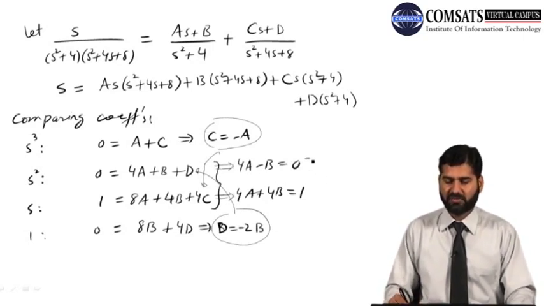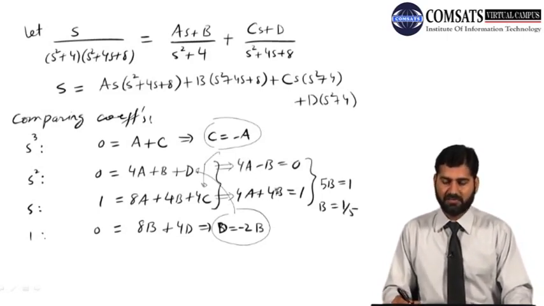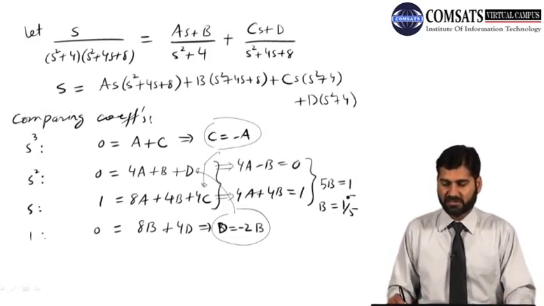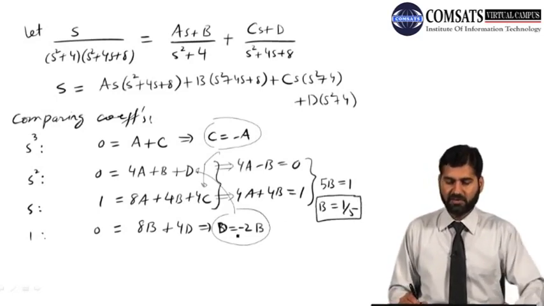Now if you just subtract, you will get 5b equals 1, so b becomes 1 by 5. If you subtract, 4a minus 4a is gone, 4b plus b is 5b, and 1 minus 0 is 1. So this is the value of b, and this will give you d.